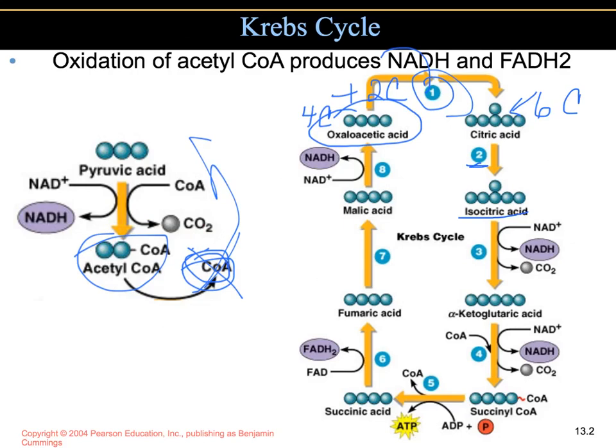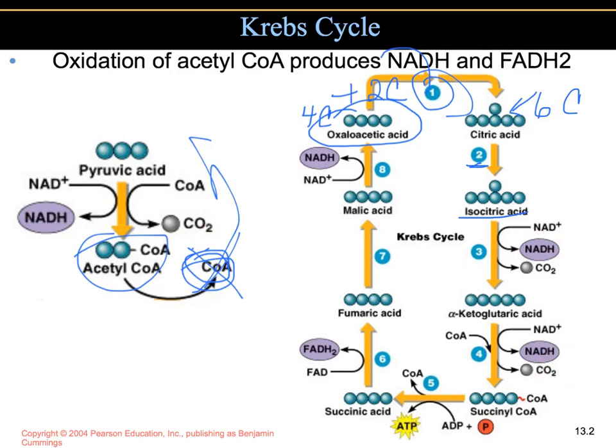In steps 3 and 4, we will see the carbon being released in the form of carbon dioxide. So this is a decarboxylation, and you can see the carbon being released each time. These oxidations are going to generate NADH.